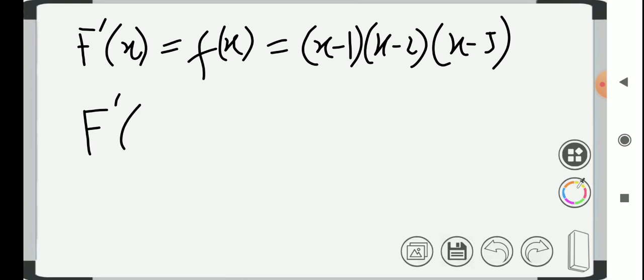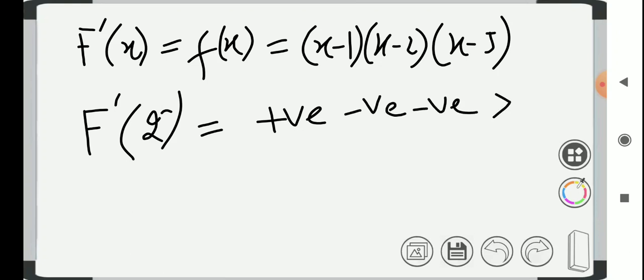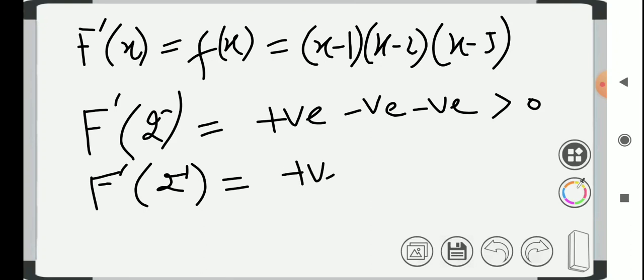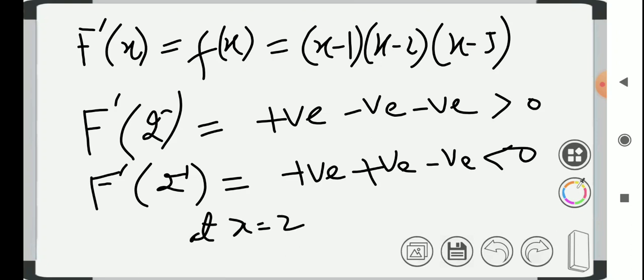F dash of 2 minus will be: the first term positive, second negative, and third negative. Therefore it will be overall positive. And F dash of 2 plus will be: positive, positive, negative. Overall the term will be less than 0. Therefore the slope of the tangent changes from positive to negative. That is, at x equals 2 we have a local maxima.